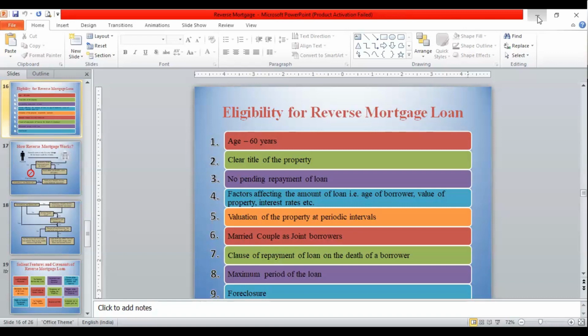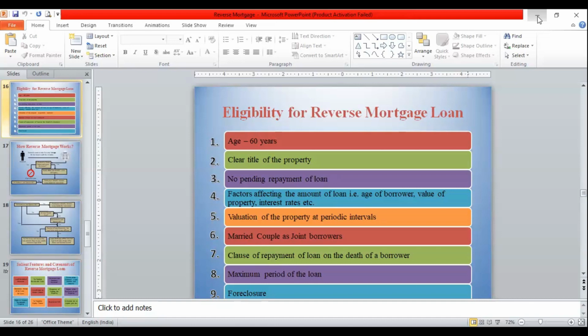As far as the borrower is concerned, the only risk I see, which I have also mentioned in the PowerPoint presentation, is in case of emergency, if they need some lump sum payment immediately. Otherwise, the majority of the risk is borne by the bank itself, because the bank is making monthly payments, and the bank doesn't know when it will be able to recover the loan. So the majority of the risk is borne by the bank, not by the borrower.